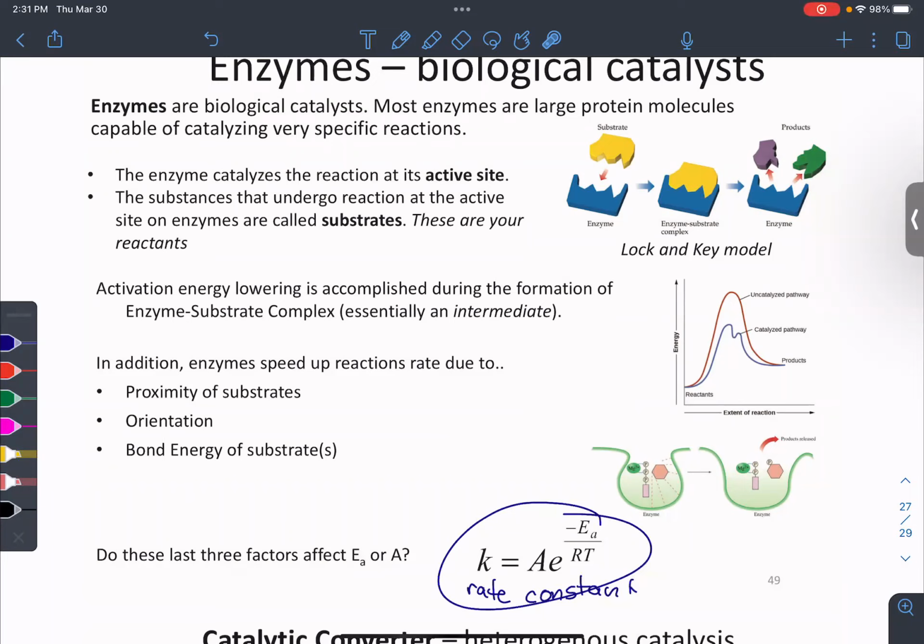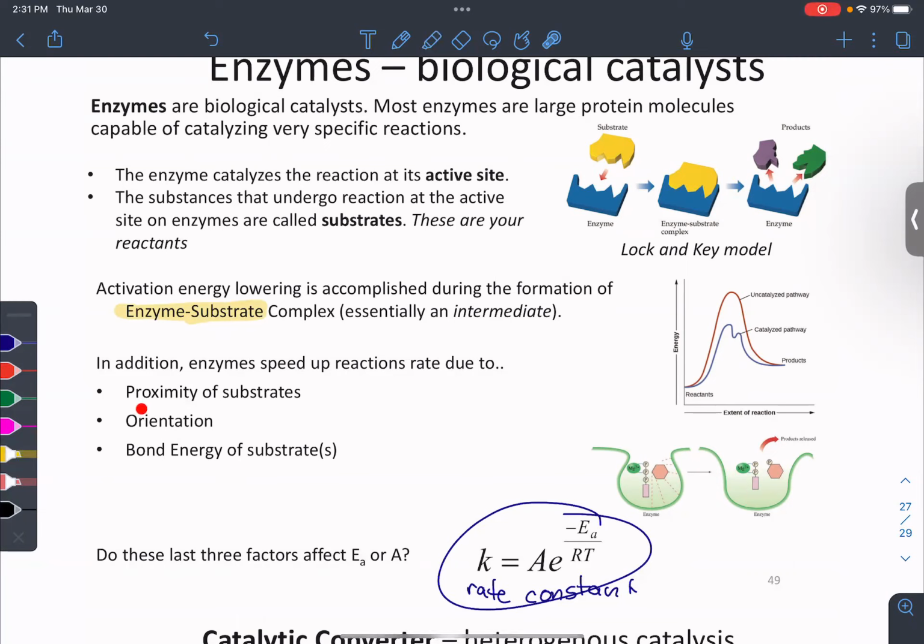In the chemistry and catalysis community, we just use normal words like catalyst and reactant, and that's fine. It's just different for biologists. Once your enzyme or catalyst binds to your reactant, your substrate, it does a couple things.